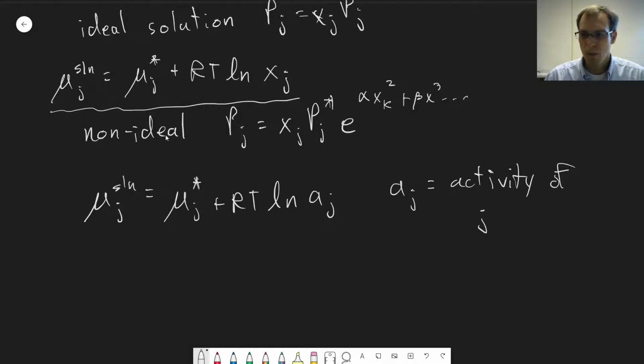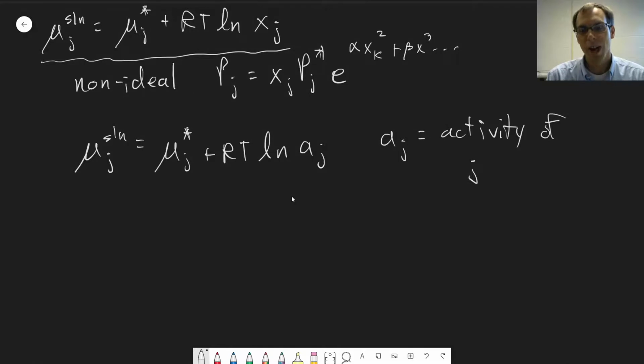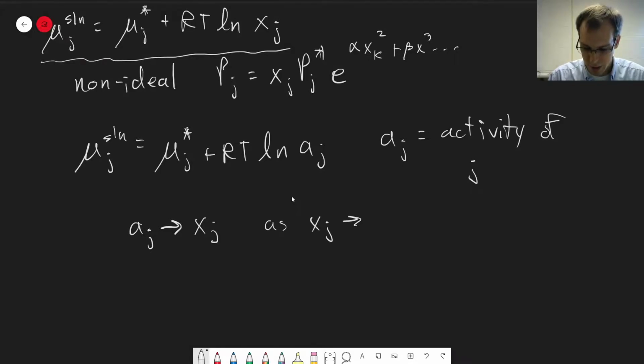So with fugacities, we had the limiting behavior that as the pressure approached zero, it would behave ideally. What we want for our solutions is the limiting behavior for activities. Well, the activity should approach the mole fraction and behave like an ideal solution as the mole fraction goes to 1, right as we get to a pure substance. To get this behavior, we have to have the activity equal to Pj over Pj star, right?